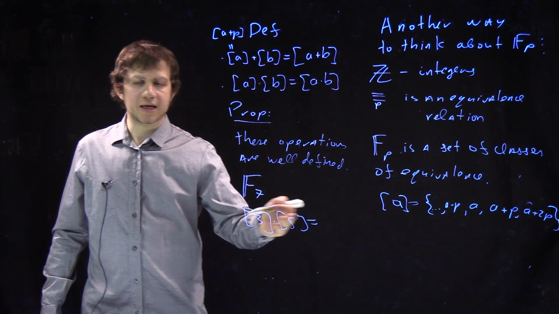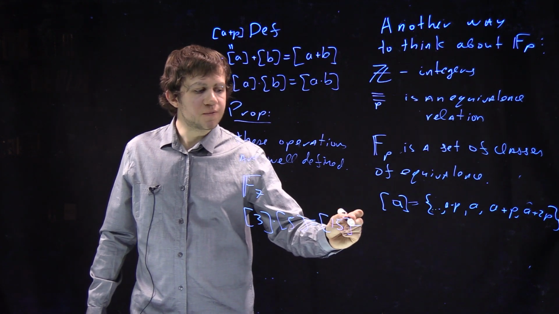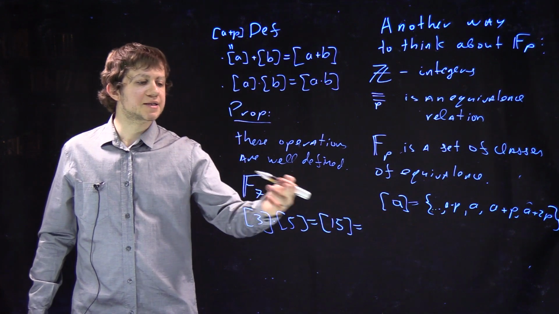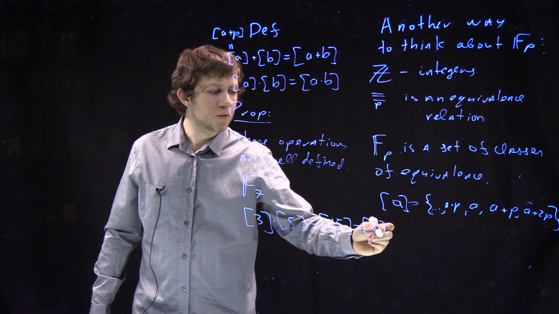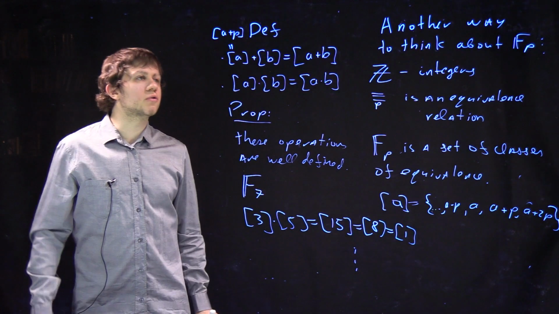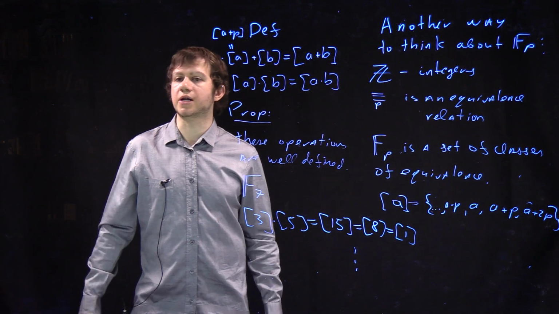So now we can simply say that the product is the class of the product, so the class of 15. And if we want, we can leave it like that, or actually simplify it, because 15 is in the same class of equivalence as 15 minus 5. It's the same as 8, which is the same as 1. And so on and so forth. Of course, it remains to prove that with this definition, Fp is actually a field.